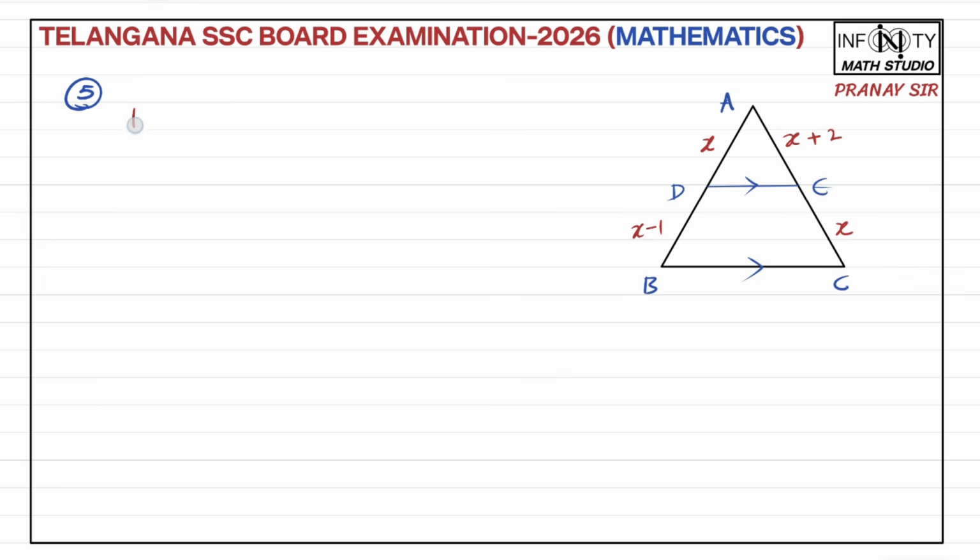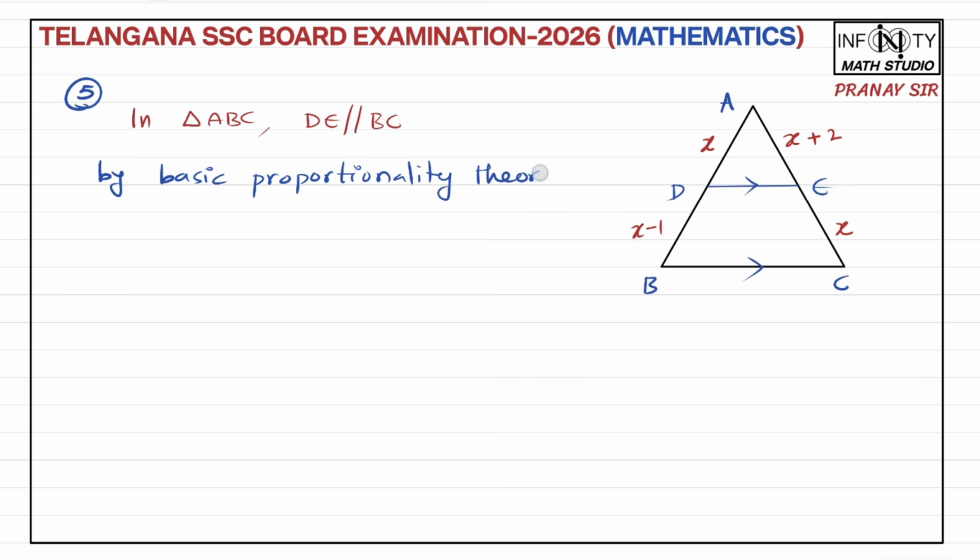No problem. In triangle ABC, he gave DE is parallel to BC. Now, by the basic proportionality theorem, DE divides side AB and AC in the same ratio.